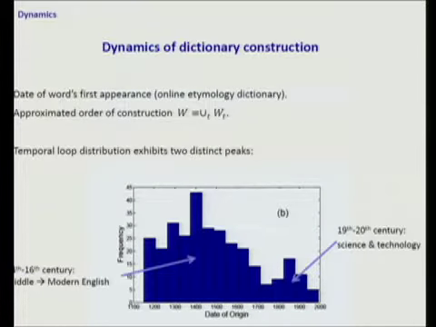And this is what you see here. This is the frequency of loops as a function of the date of the origin of words. And you see two very distinct peaks, one between 1400 and 1500, which is more or less the transition period between Middle English and Modern English.